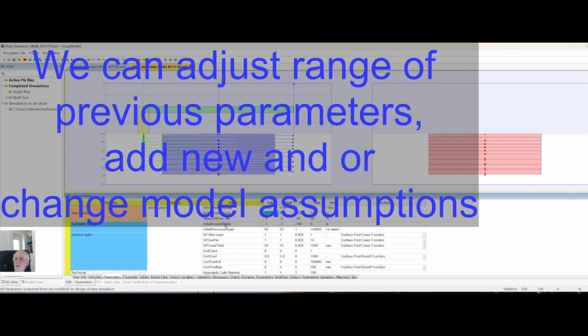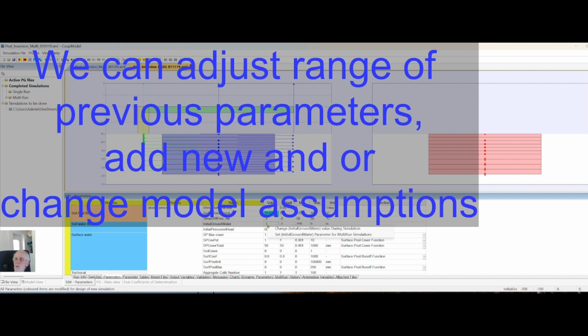We have an initial groundwater, and that has been put to 1 meter -1. And we have also an initial pressure head put to 60.